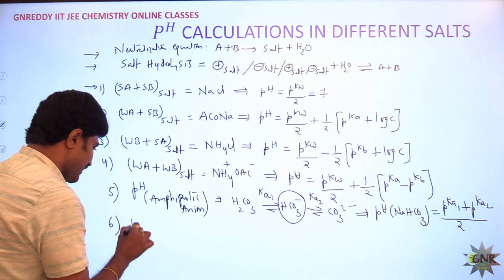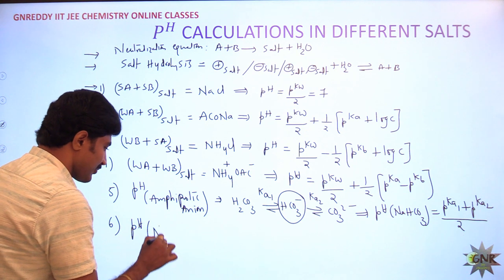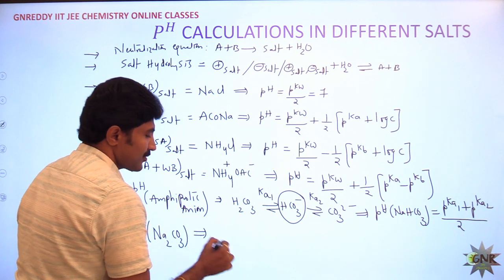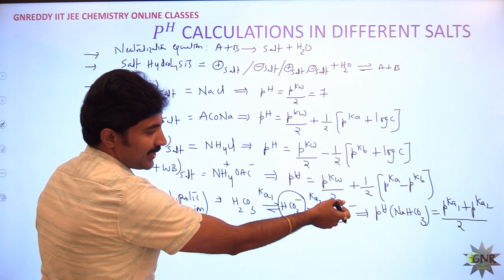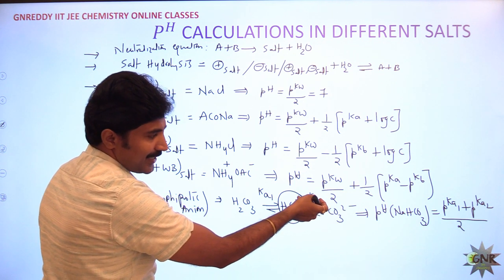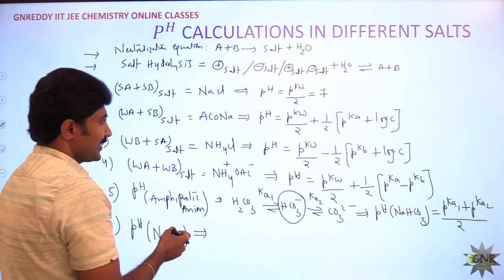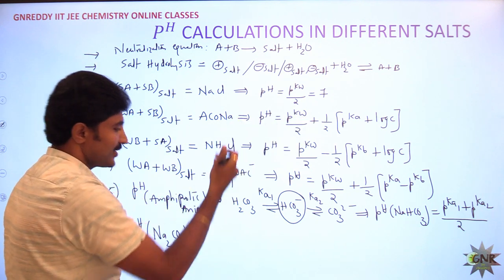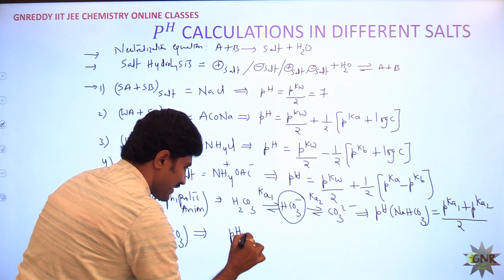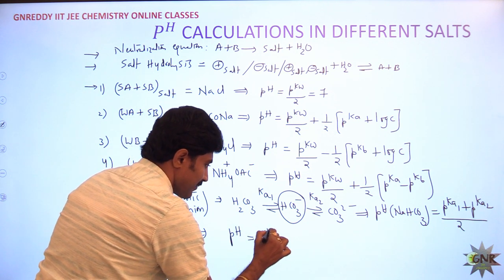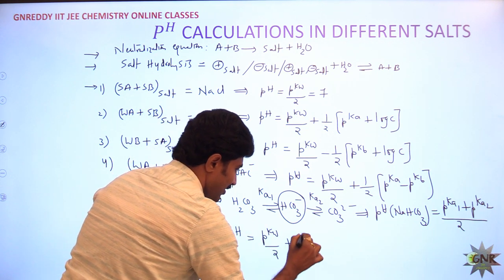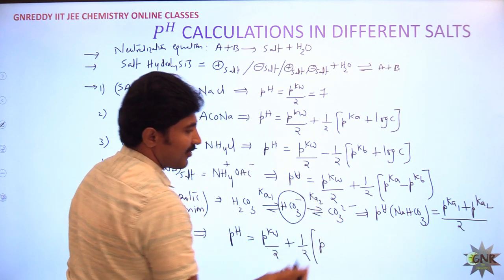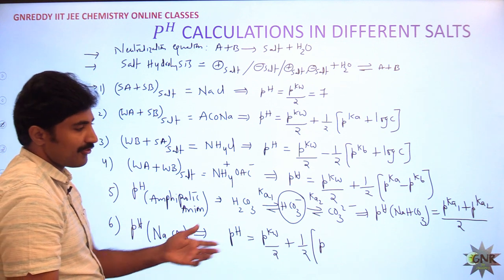And so, pH of the sodium carbonate model. This also is taken from the carbonate ion, so the K dissociation, that is Ka2. It is like anion salt hydrolysis like sodium acetate, where pH is calculated by pKw by 2 plus half into pKa of that carbonate ion formation, or that anion formation.